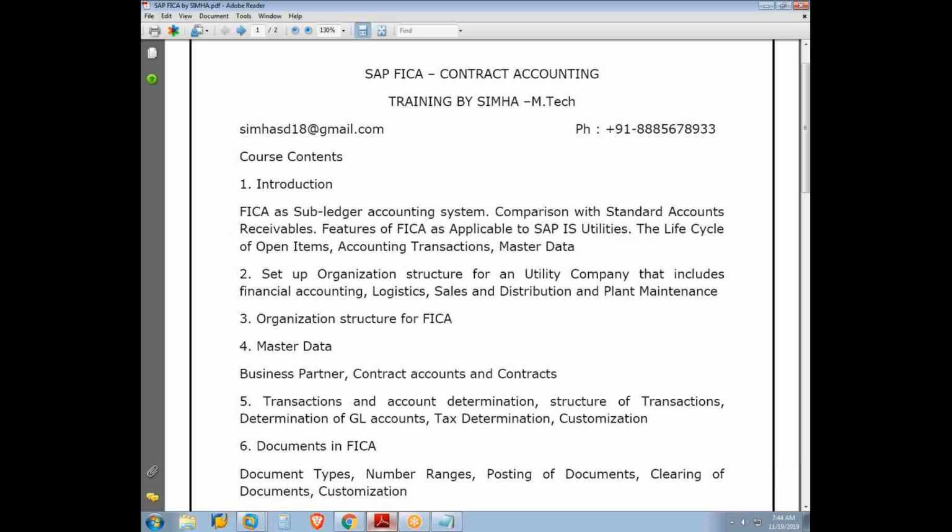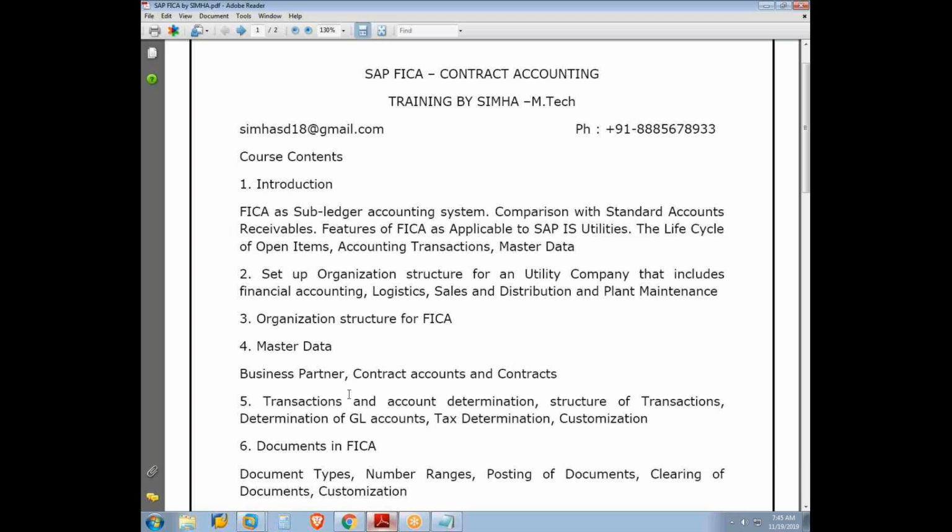But when you prepare the invoice and post, it is not going to post to customer account receivable. In fact, we are not going to maintain any company code data for the customer. We are only maintaining sales area data, so that when the invoice is posted, it is not going to post directly to FI. It is going to post to FICA, and then from FICA we will transfer data to financial accounting.